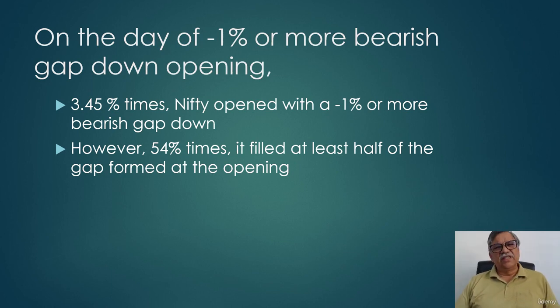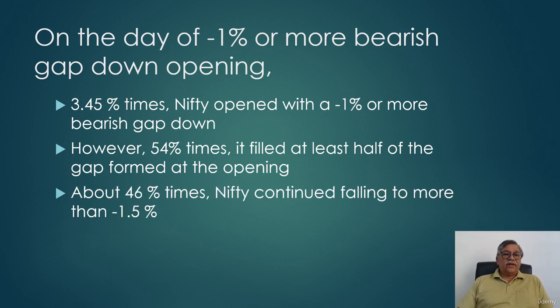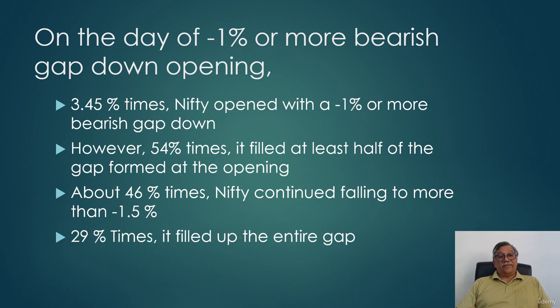Roughly 54% is very close to 50%, right? About 46% of the times Nifty continued to fall more, and it reached more than 1.5% after that open. So on the downside, the bounces are relatively rare. And entire gap filling was only 29% if the original gap was 1%.